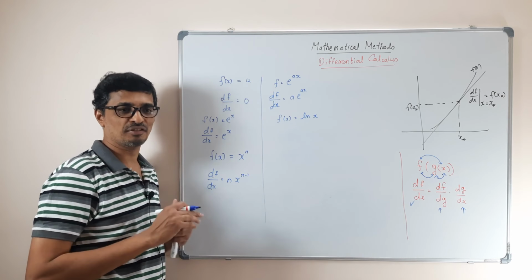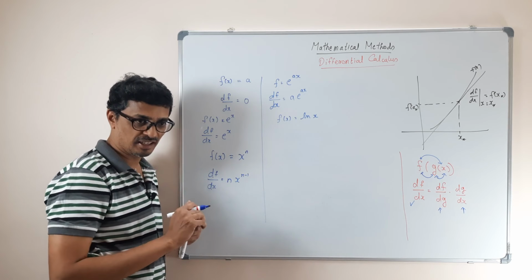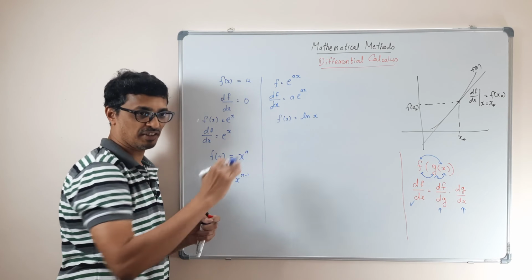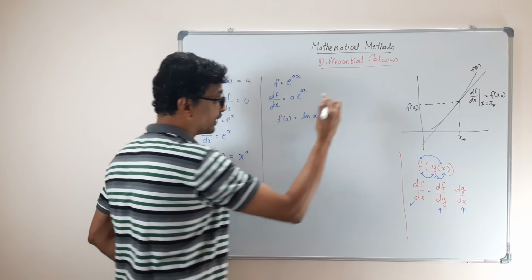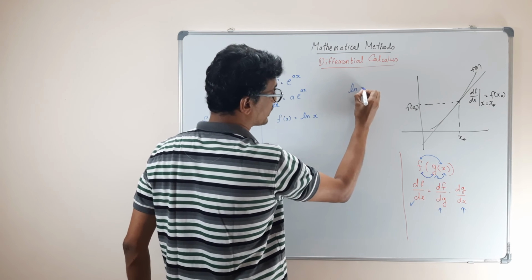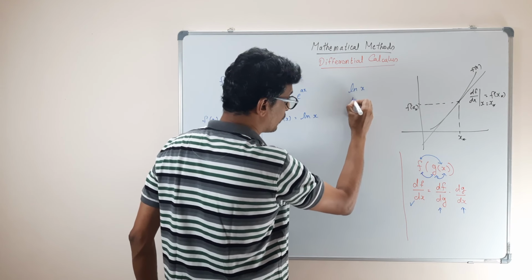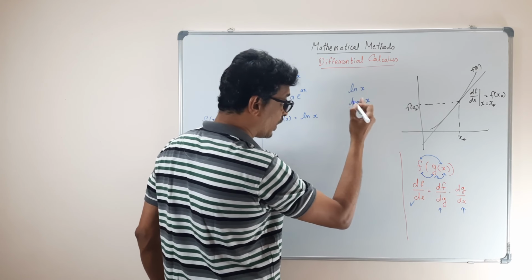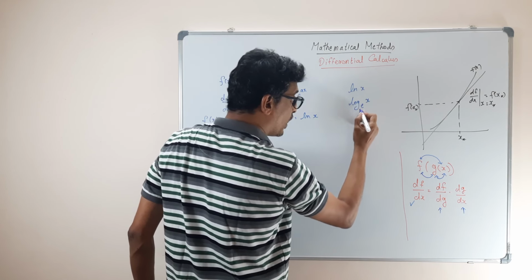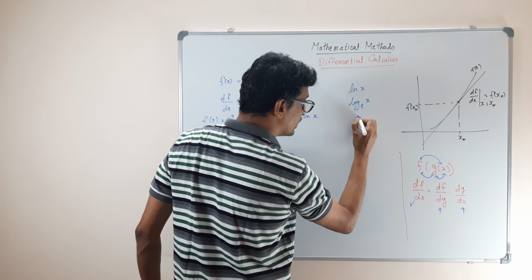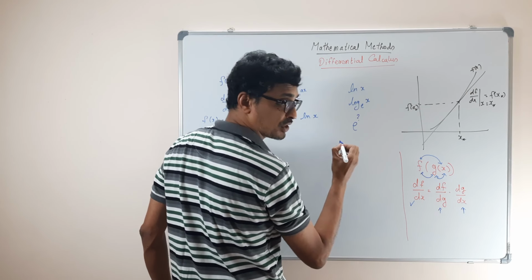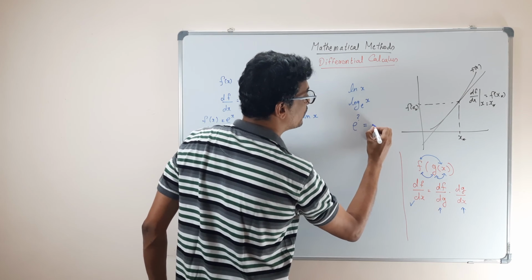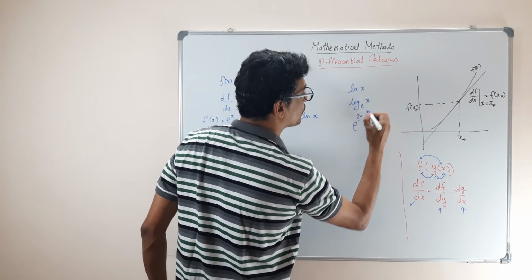When I write ln of x, you should remember that it means log of base e of x. So what it says is, e power a certain quantity should give you x. That is the quantity.